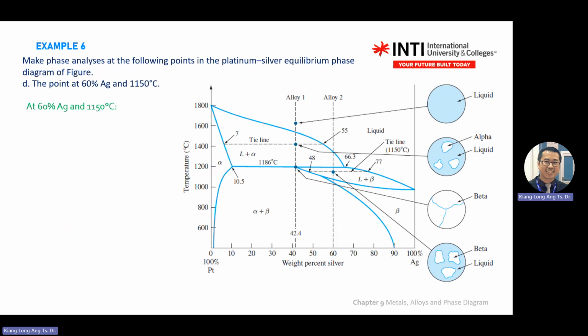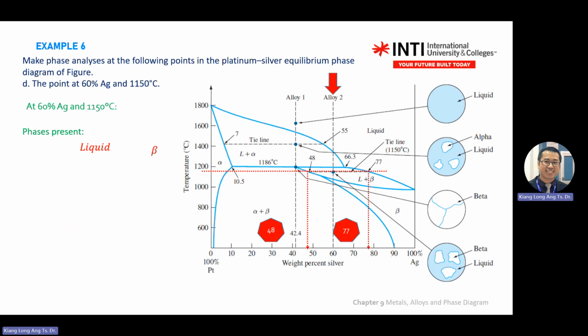All right, so again, repeat the template. Phase present: you move to the left and right of the tie line. On the left, you see beta, alpha plus beta. On the right, you see liquid. In this case, it's touching the line, and it's touching this line is beta, not yet going to the alpha plus beta.